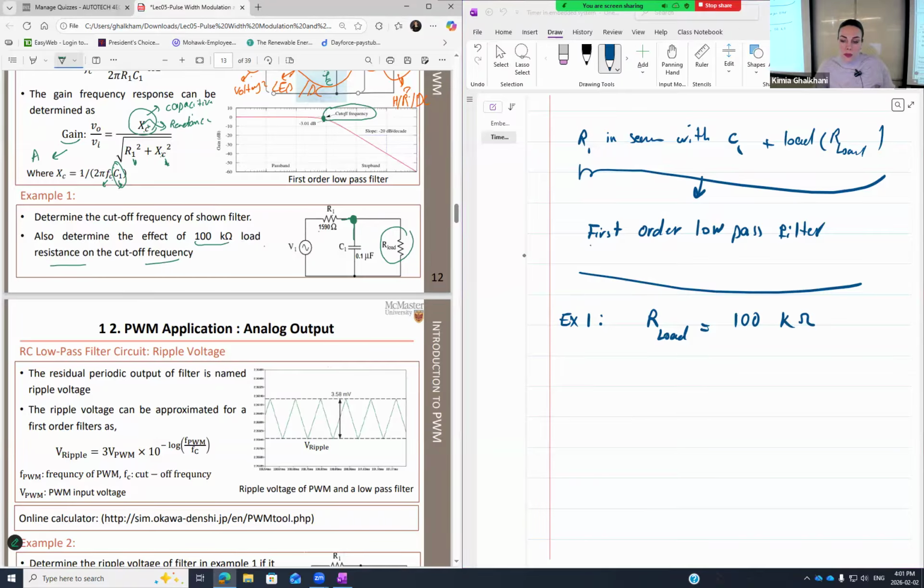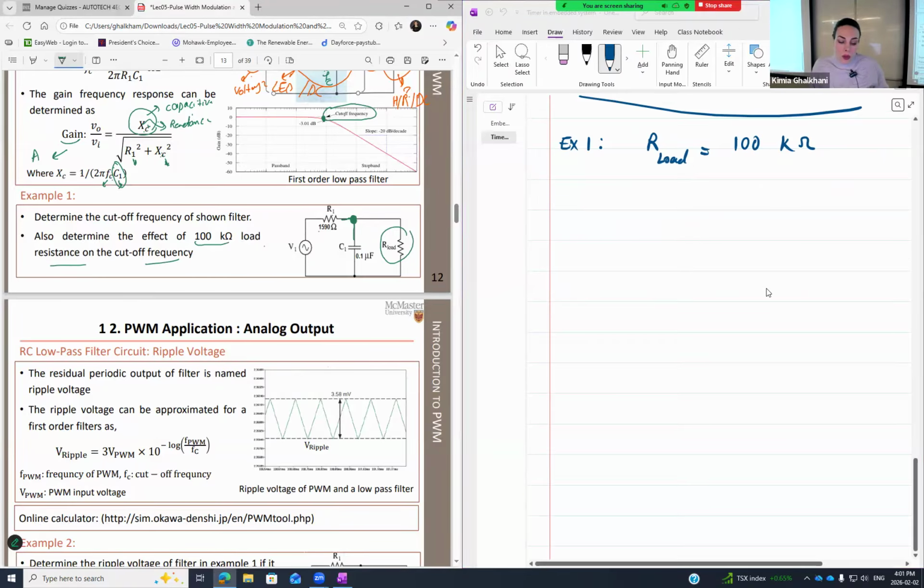In order to do so, remember I have only one equation. Fc means the frequency of the capacitor from here.